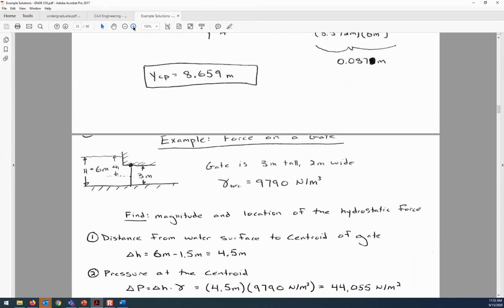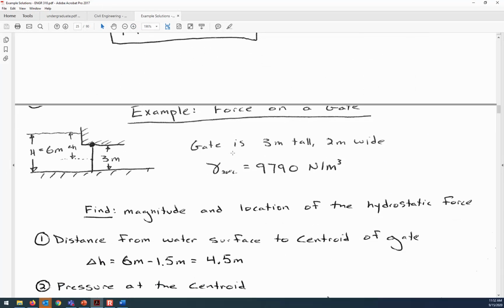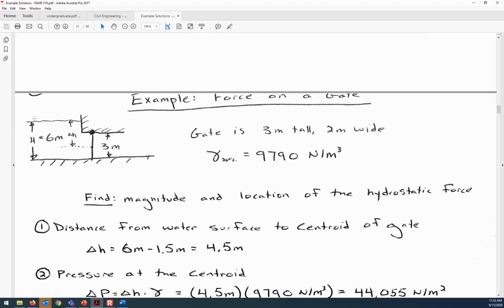All right, so the water depth is 6 meters, and so the delta H is going to be... okay. So if it's 3 meters from the top of the gate down to the bottom, then that means it's 1.5 meters.